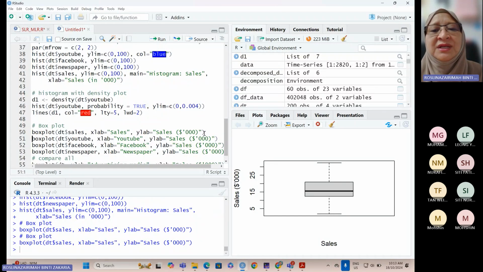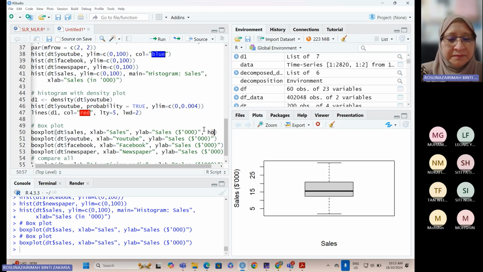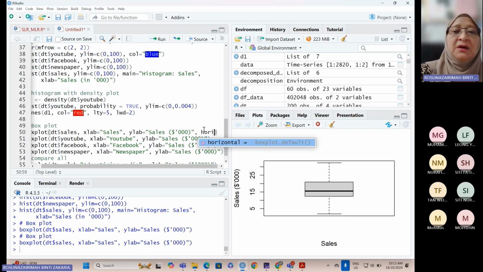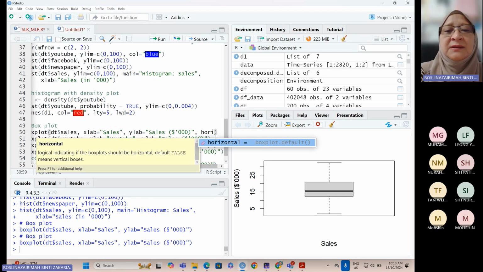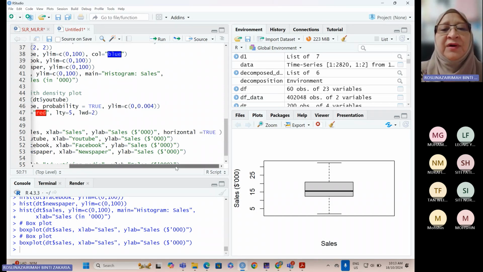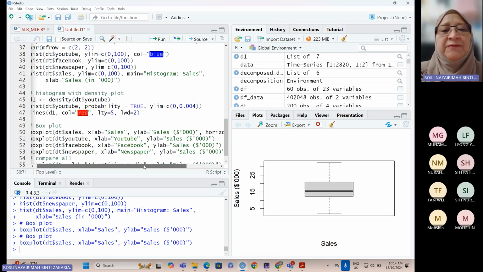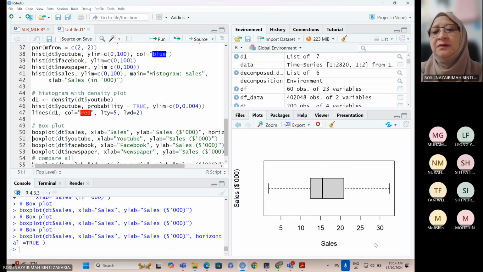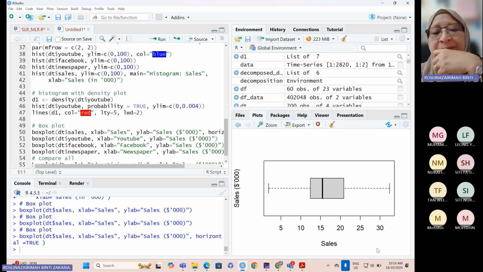And you can alter the orientation of this. Most of the time you see this kind of box plot horizontal. By default, they give you the vertical orientation of box plot, but you can always change it.